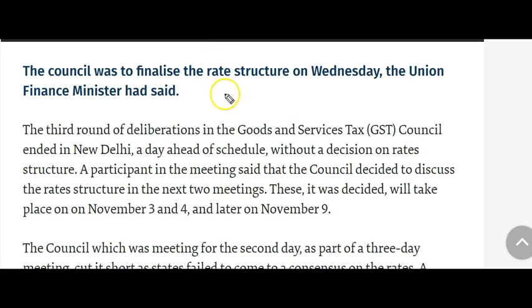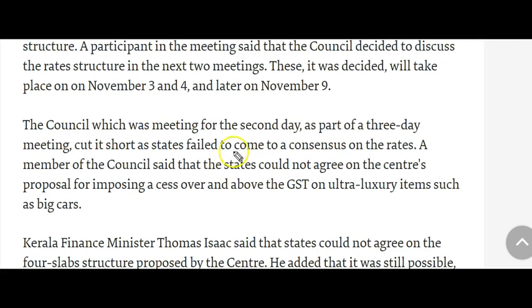This is the continuation of the goods and services tax. Additional points in the Hindu newspaper. Recently, the central government has proposed a cess over and above the goods and services tax on ultra luxury items. Ultra luxury items means big cars and other items, but the proposal is opposed by many states.